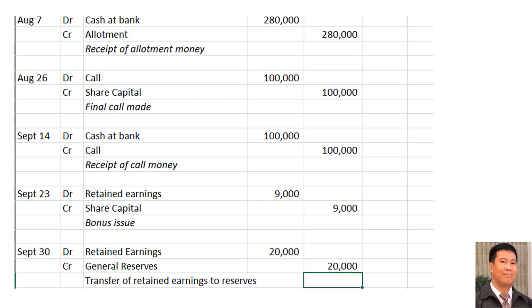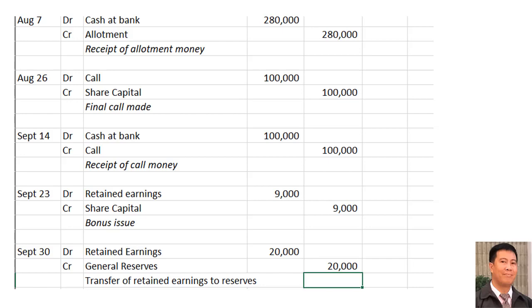Okay, 30th September, the company created general reserves from retained earnings. So, debit retained earnings and credit general reserves. General reserves is part of the equity section in the financial statements. So, it's just like you're transferring your accumulated profits and setting up a general reserve.